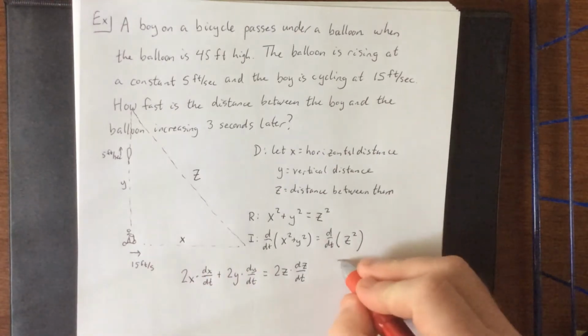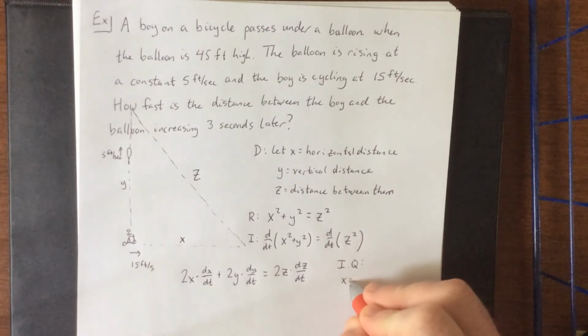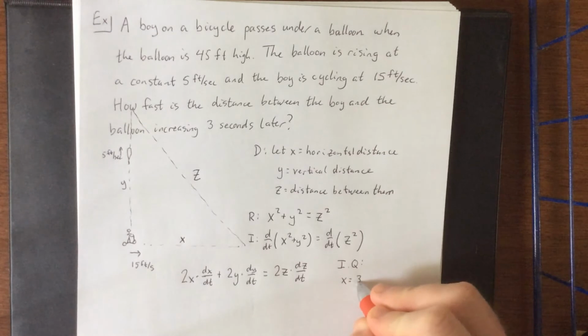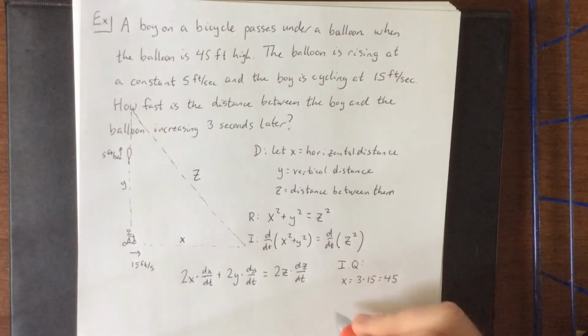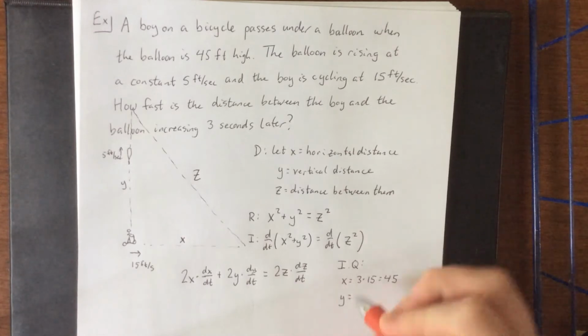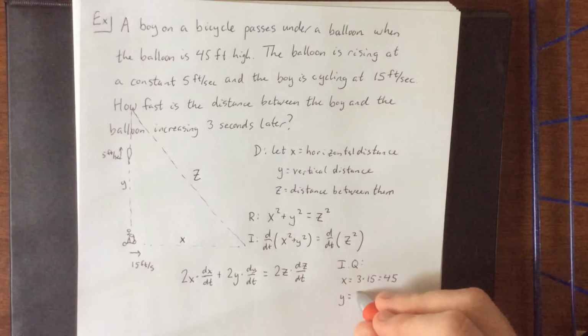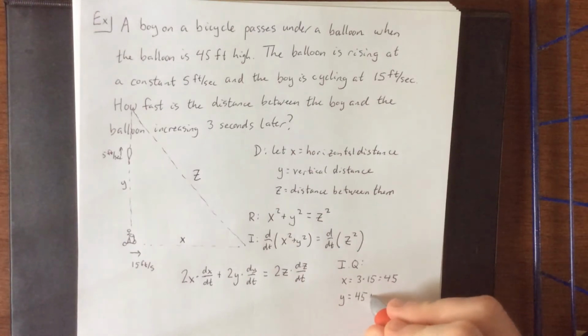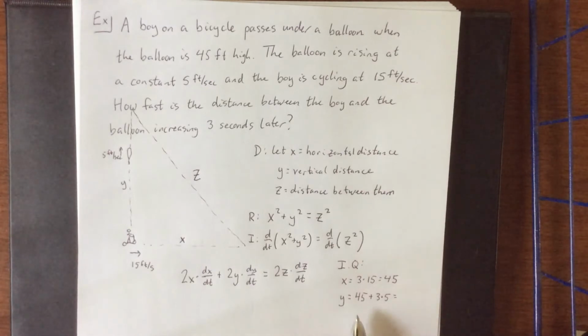So instantaneous quantities, we'll call these IQ over here. x would be equal to 3 seconds times 15 feet per second to give us 45 feet. As far as y is concerned, y already started 45 feet in the air, and then it continued to rise for 3 seconds at 5 feet per second. So initial position plus time times the speed gives us 60.